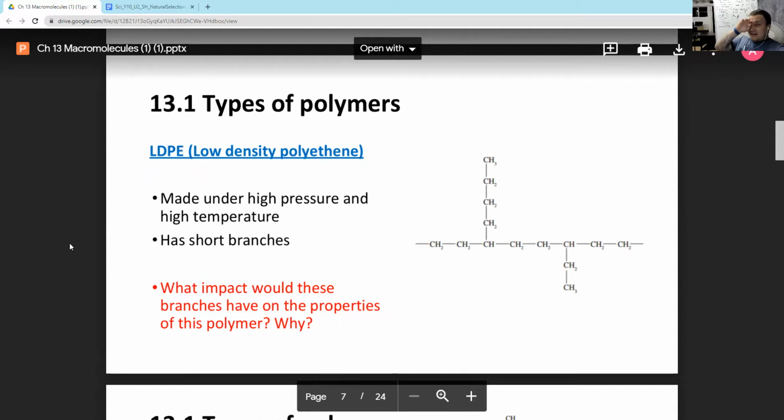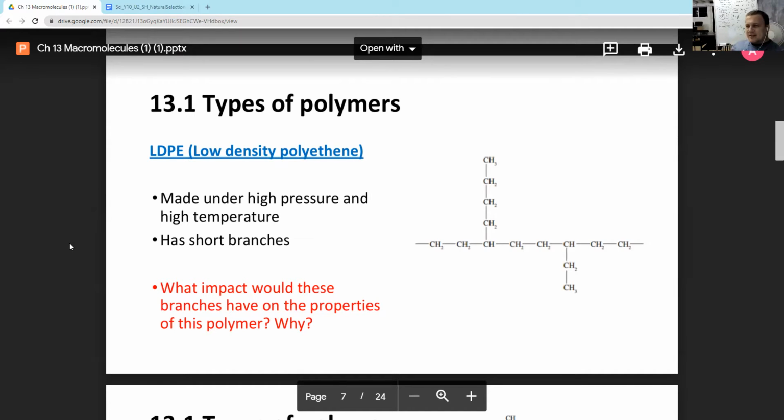So the density in polyethylene refers to how tightly the molecules pack together and the regularity in which they pack together. Again, I know this is a little bit of thinking time for you guys, but I'm trying to get you to think and then we discuss.